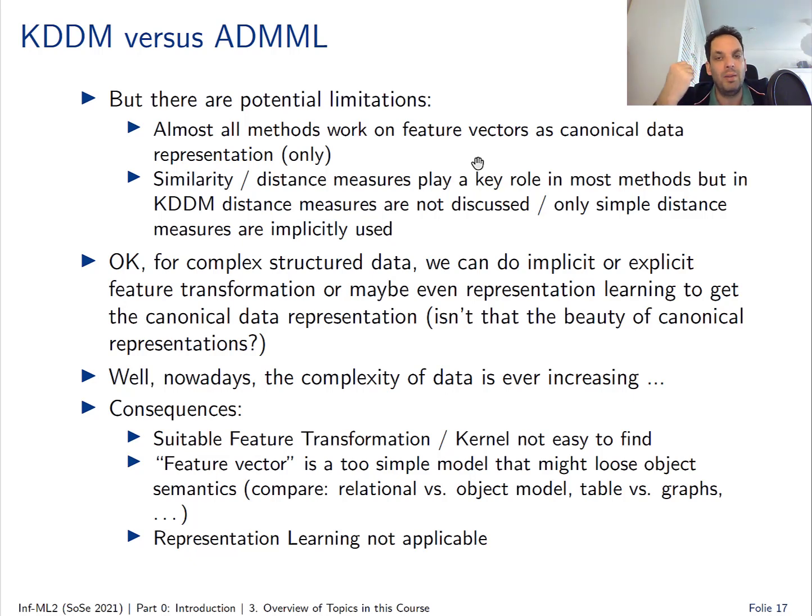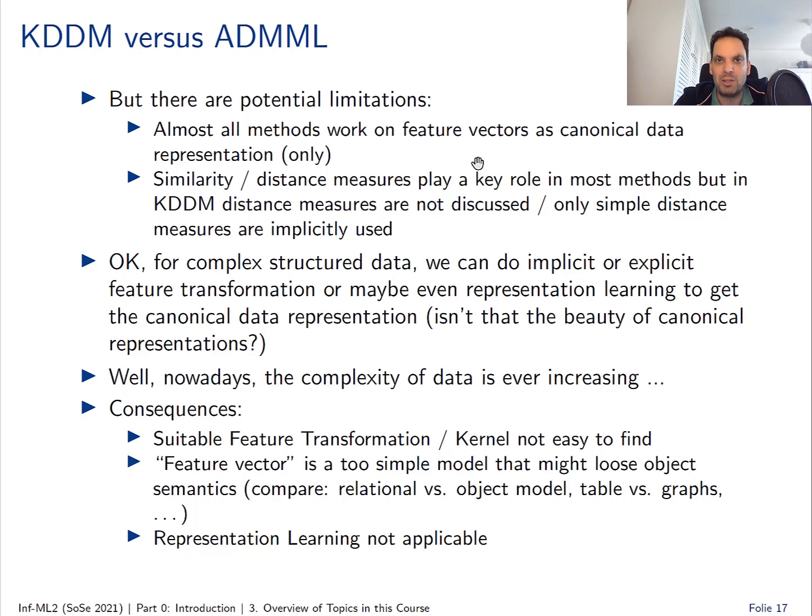That's the beauty and the might, so to say, of this toolbox you learn there. And of course, similarity and distance measures play a very important role in those methods from KDDM, but we don't discuss them too deeply there, or only simple distance measures are implicitly used. So this is not a big topic.